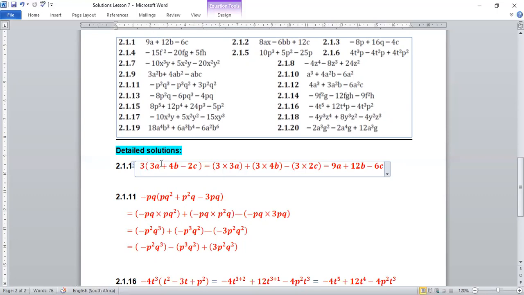Again, the method is to multiply 3 by 3a plus 3 multiplied by 4b, and the sign is negative because of the negative sign here. 3 multiplied by 2c. Simplifying, you get 3 multiplied by 3a gives you 9a. 3 multiplied by 4b gives you 12b, and negative 6c.